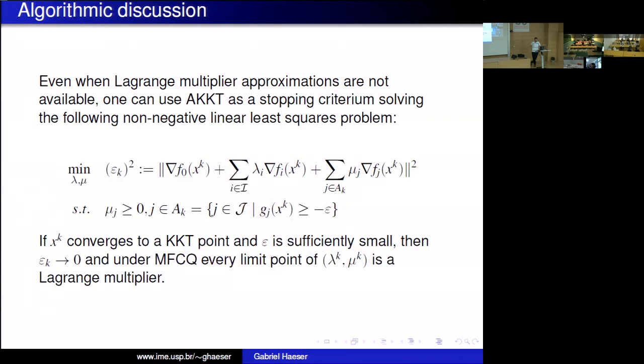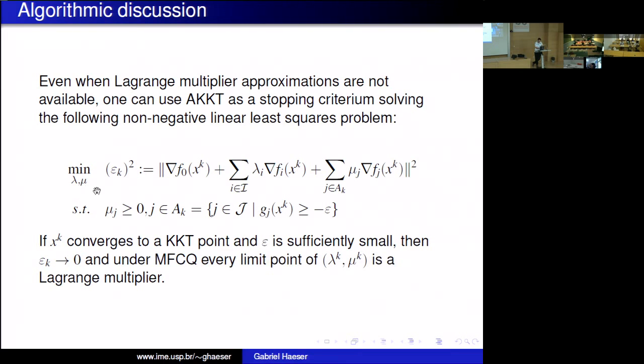And we have done this for a genetic algorithm implementation. It's a heuristic for global optimization, and we were able to define this stopping criteria for this problem. But in fact, you can do this in general for any solver that does not generate Lagrangian multiplier approximations. What we do is, at each step where your iterate is close to feasibility, you try to define the lambdas and the mu's in this way.